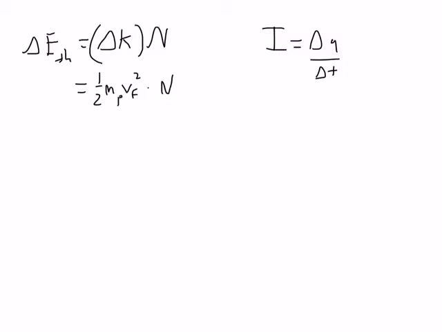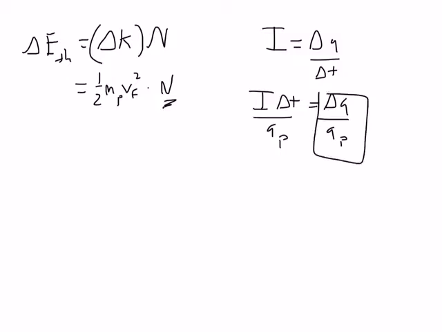But if we know each proton's charge, then dividing delta Q, the total amount of charge that flows, by the charge of 1 proton, should tell us the total number of protons that flow. That's what's over here. So I delta t equals delta Q. If we divide this by q proton on both sides, so for example, if your charge that flowed was 10 times the proton's charge, then dividing by the proton's individual charge would give us just 10, or the total number of protons.